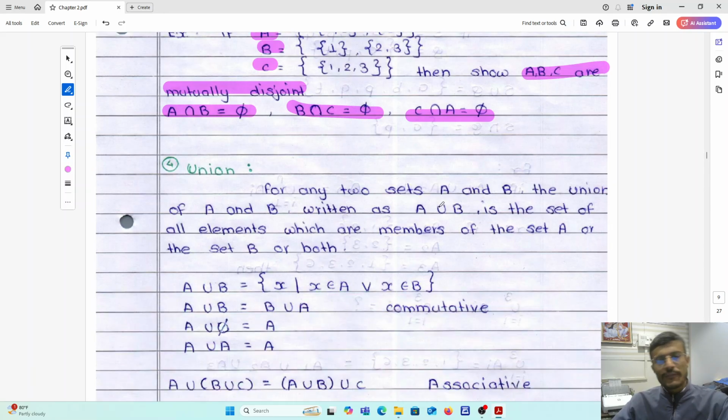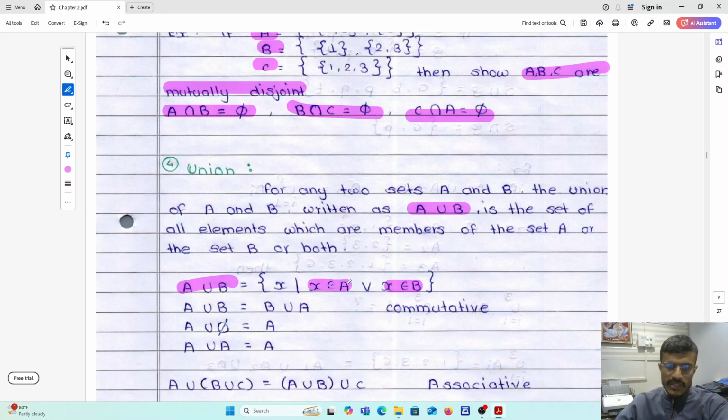Now take the fourth operation, that is union. What are we going to perform in union? Consider A and B as two sets, and you perform the union operation. It is represented as A union B. A union B equals {x such that x belongs to A or x belongs to B}.